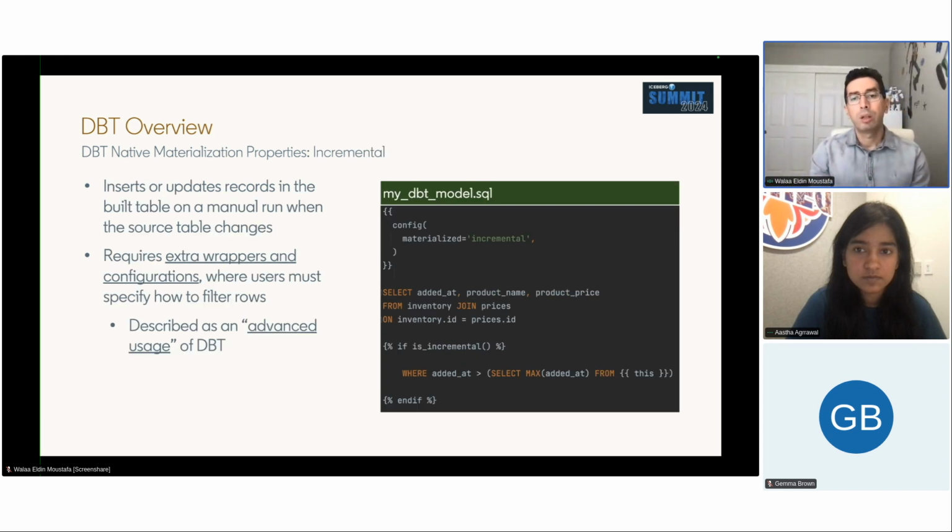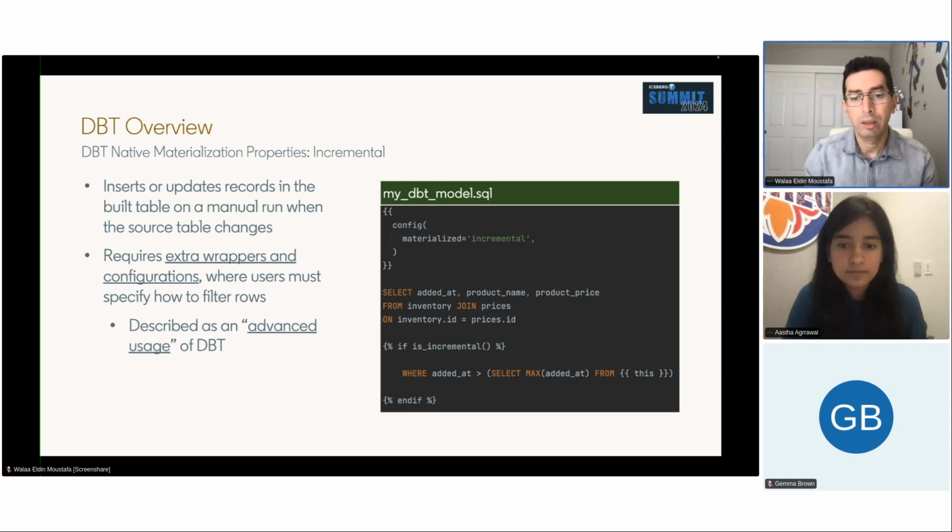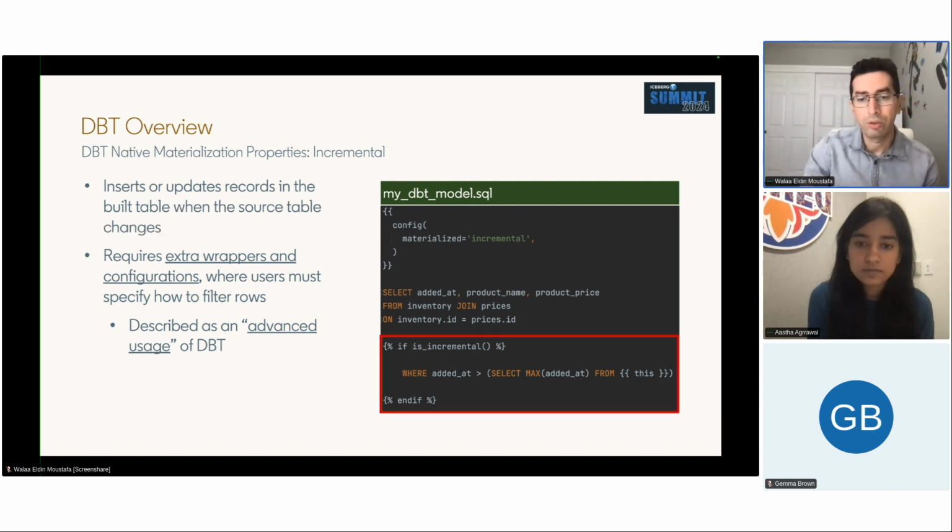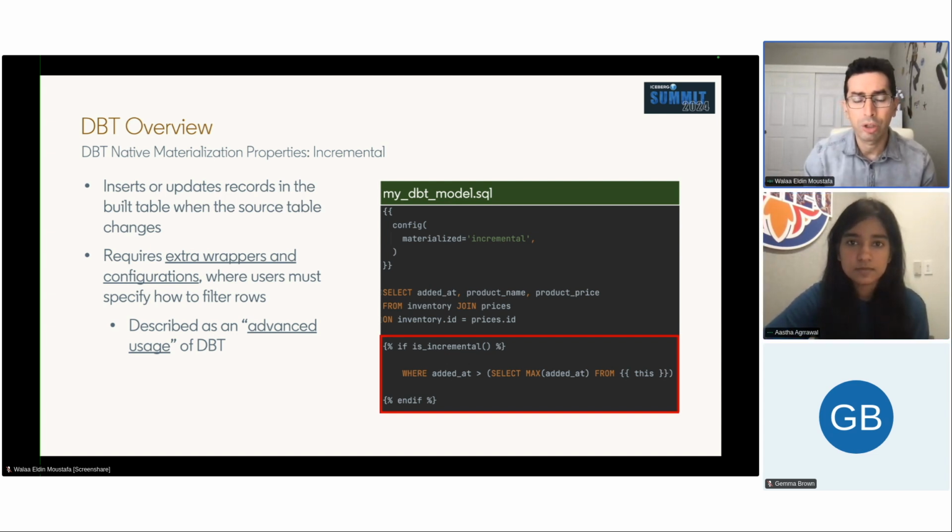DBT does provide another mode that is called incremental, but in this mode, the thinking and design of incremental compute is left to the user, where they use annotations like the one we see here on the screen. And they have to break down their logic into pieces.